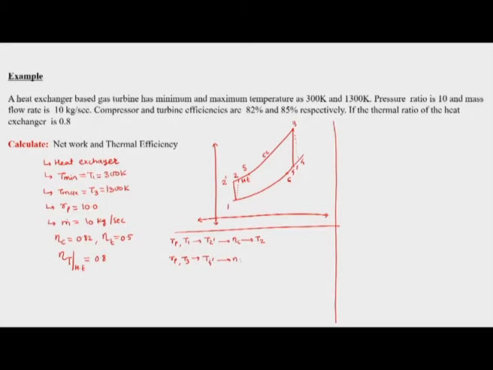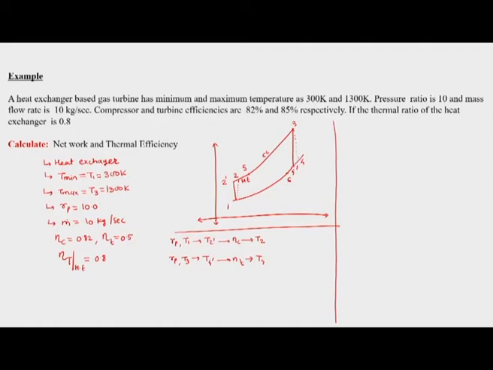Then we can use the turbine work formula to find T4. Turbine efficiency, which is isentropic efficiency, is equal to actual turbine work divided by maximum turbine work. Actual turbine work is T3 minus T4, maximum turbine work is T3 minus T4 dash. Only T4 is unknown, so we can find it.